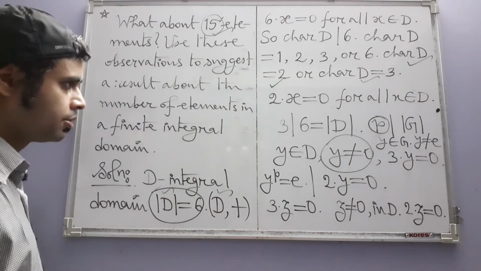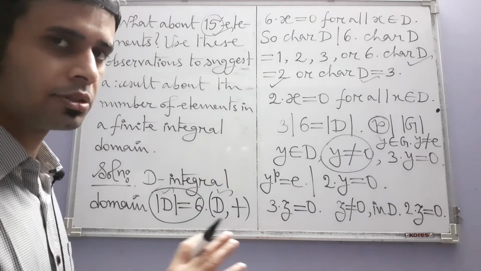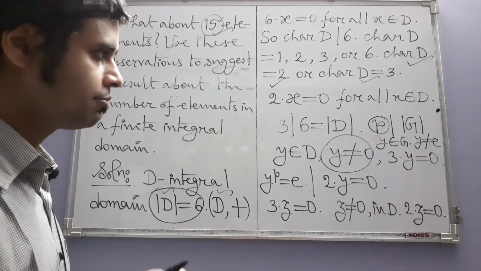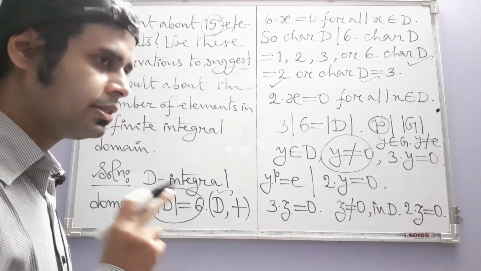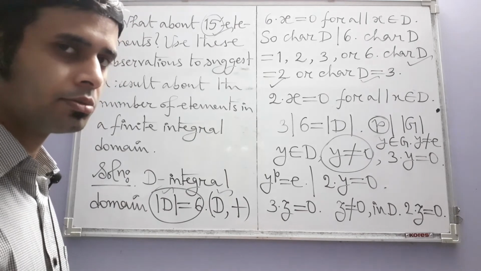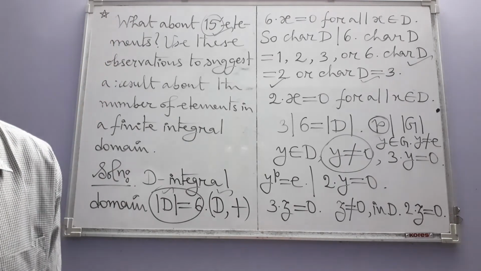What about 4? For 4, of course, this method does not work, and in fact the result is also not true. And in fact there is an integral domain, at least one integral domain of order 4, which is this.